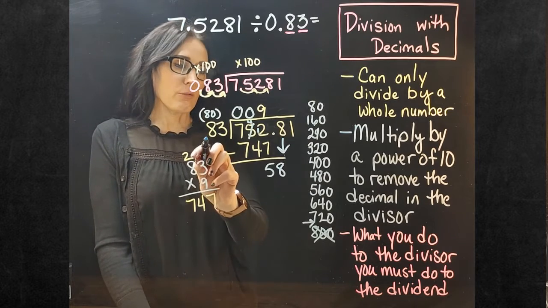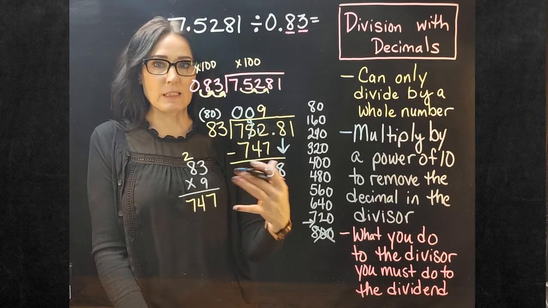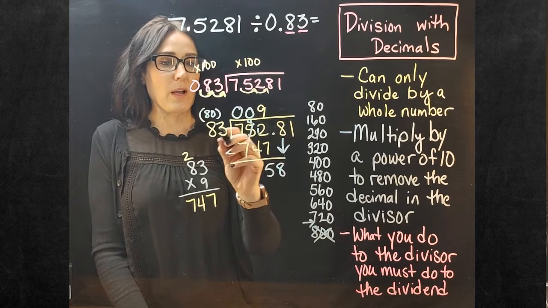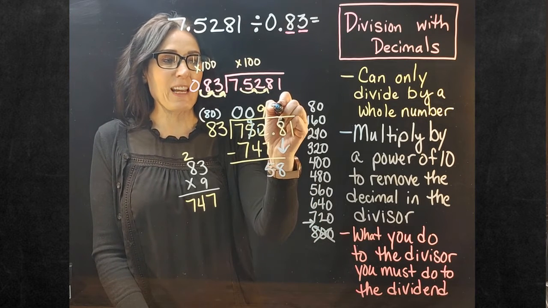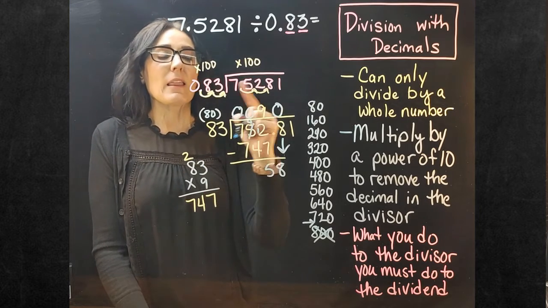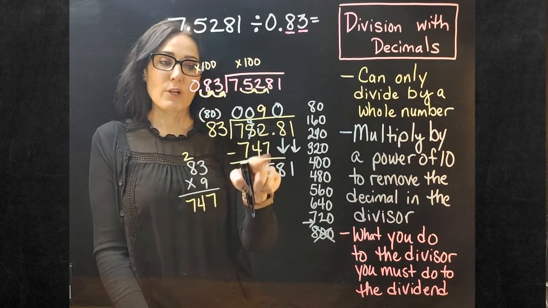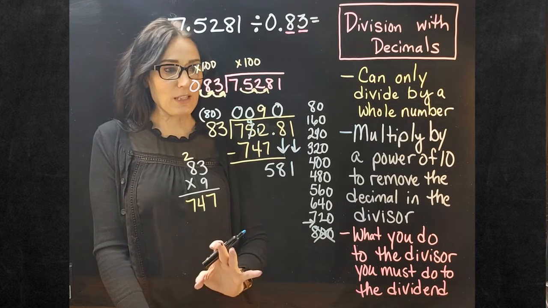Now, 83 does not go into 58, and sometimes this will happen. You'll bring down your next number and it does not work. So we have to say 83 goes into 58 0 times. You put a 0 up there, then you can bring down your 1 and check: does 83 go into 581, which we know that it does.